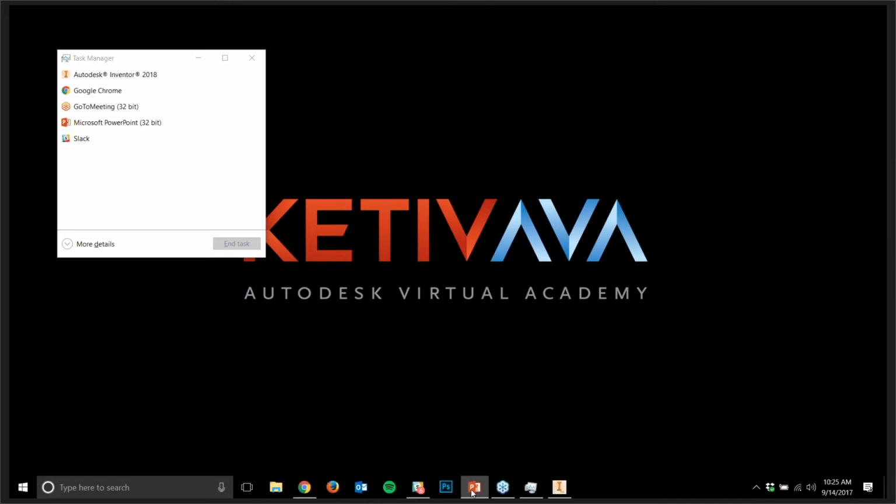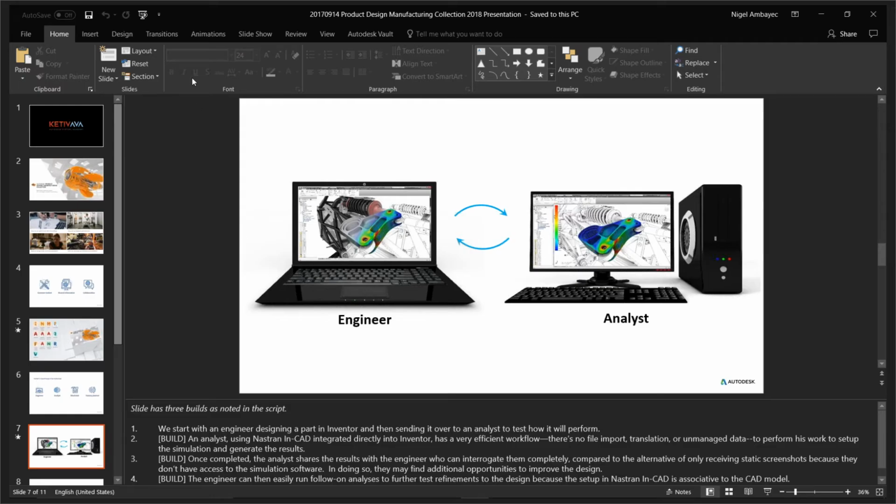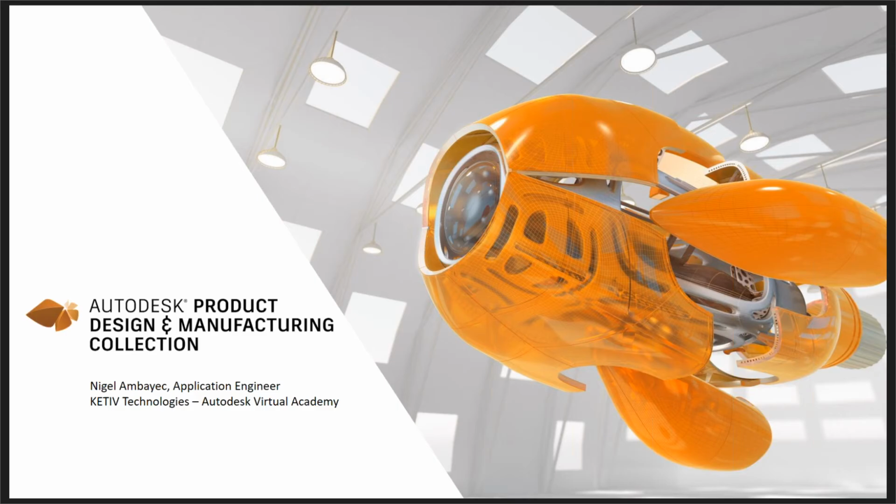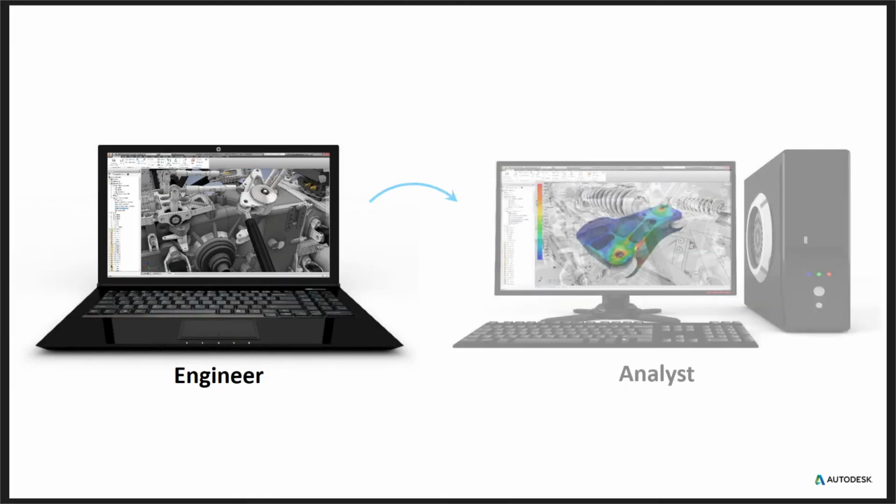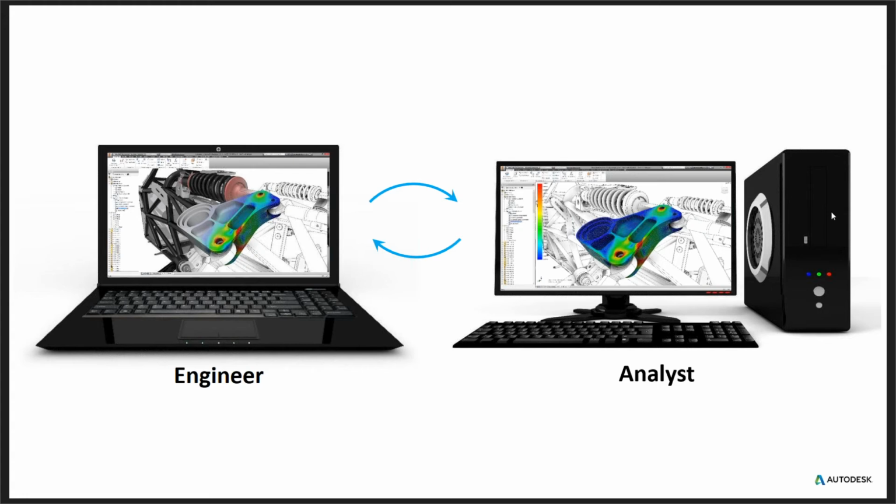Let me jump back into the PowerPoint here, and I'll answer a couple of questions. Let me open these questions real quick and take care of some of them. We got a couple of questions. I have Product Design Suite Ultimate on subscription. Will that transition automatically into a collection?